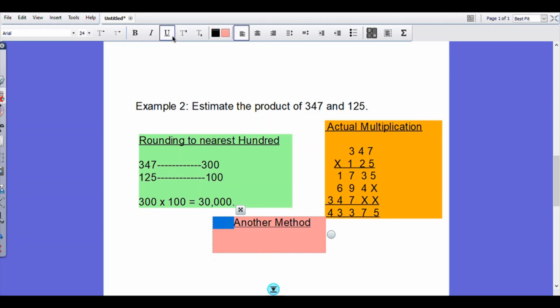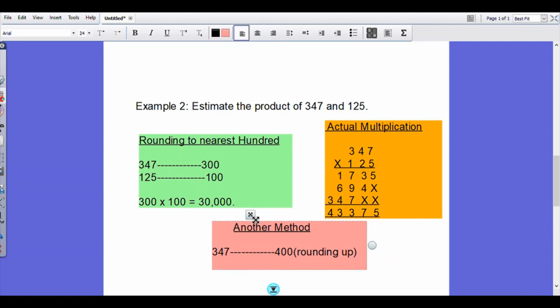So 347 rounding up is, yes students, 400. And 125 rounding down is, yes students, 100.